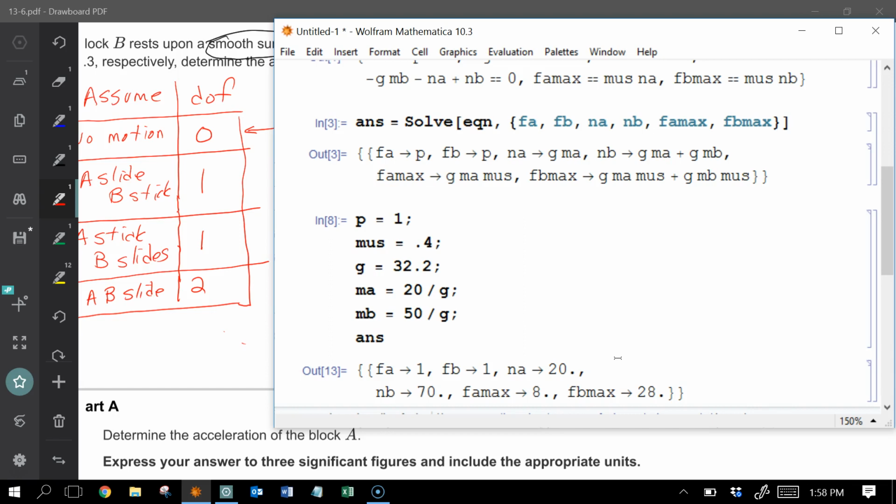Now what I'm going to do is solve exactly the same problem, but this time we're going to put in the force of 8 like it was before. So I'm going to pause and do that. So here what I've done is I've changed the value of P to 8, which was what was given in the problem. And if you notice now, the friction that's required under A has to be 8 pounds. And so A is exactly equal to 8 pounds.